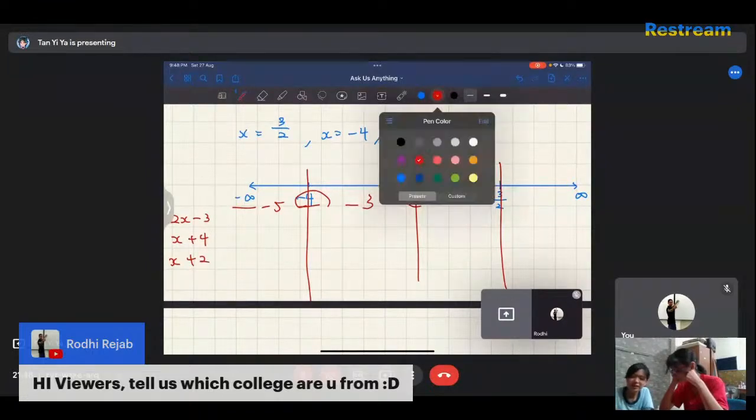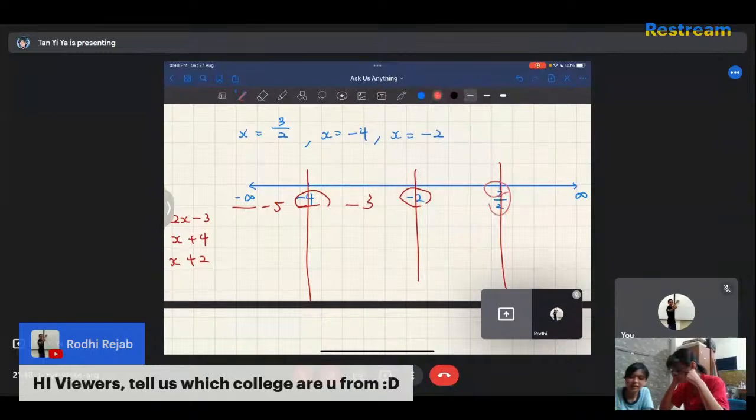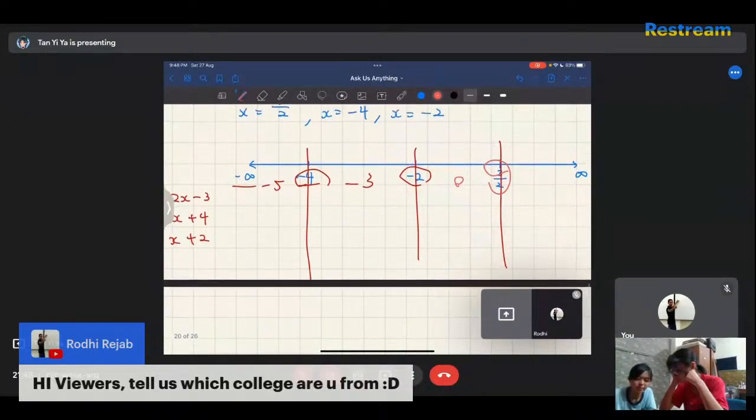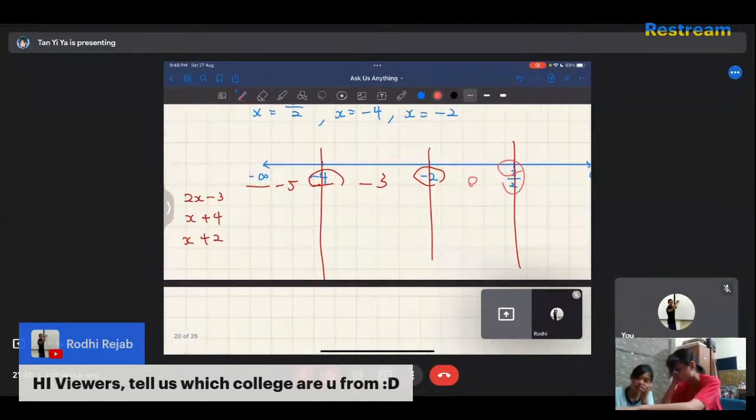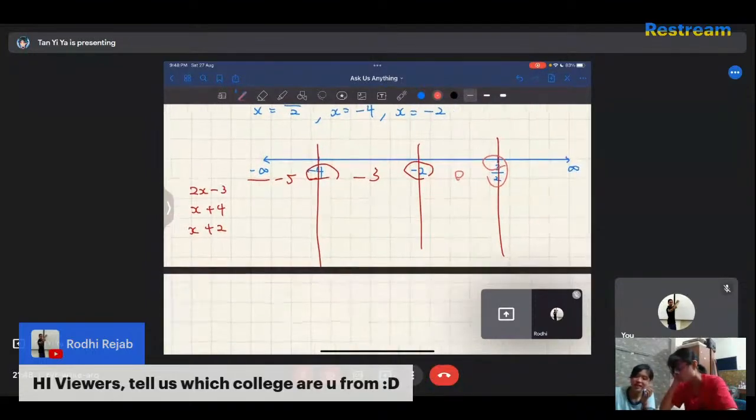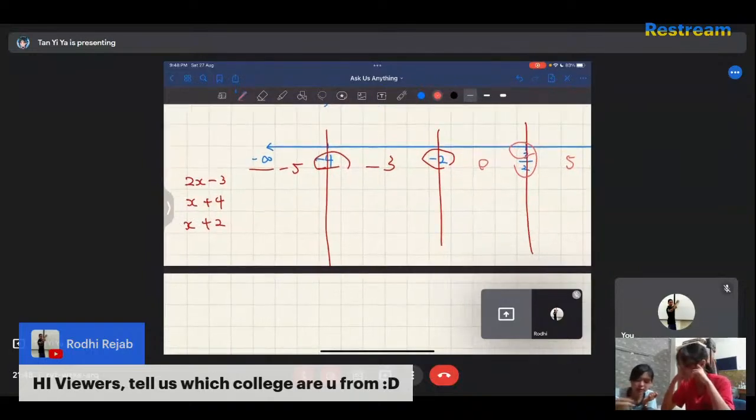If it's between a positive number and a negative number, we'll simply put 0 because it makes our life easier. Then you substitute. One more, so I'll put 5 here. It's between 3/2 and infinity. So choose any number, like 1.